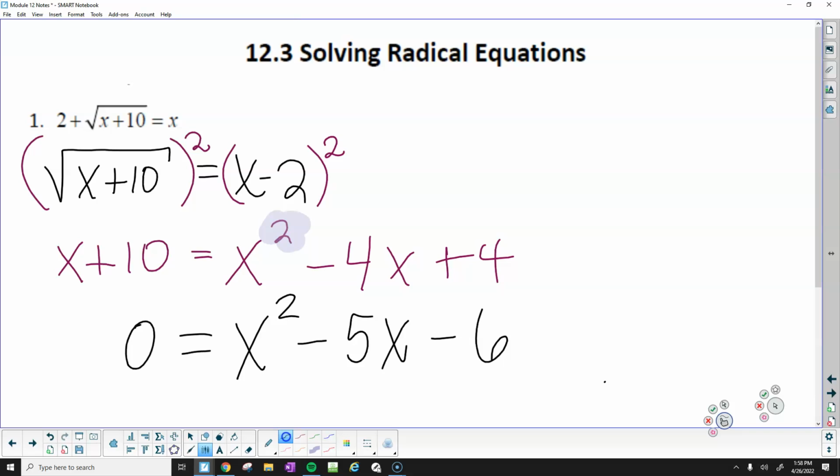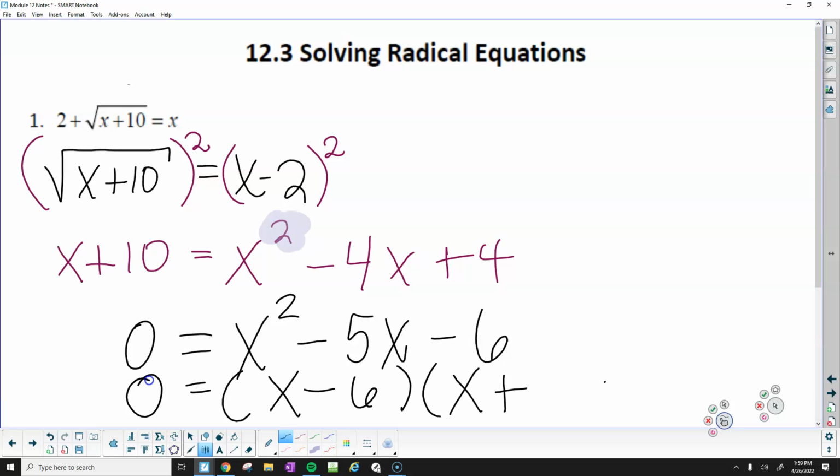That's it. This is going to be x minus 6 and then x plus 1. Negative 6 times a positive 1 makes negative 6. Negative 6 plus 1 makes negative 5.